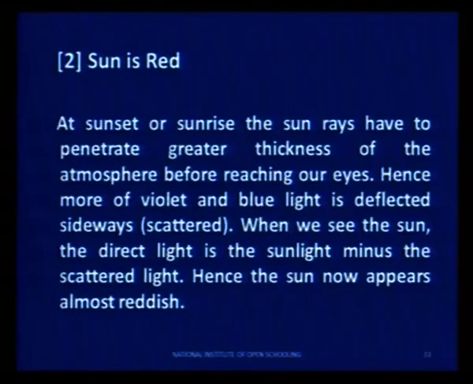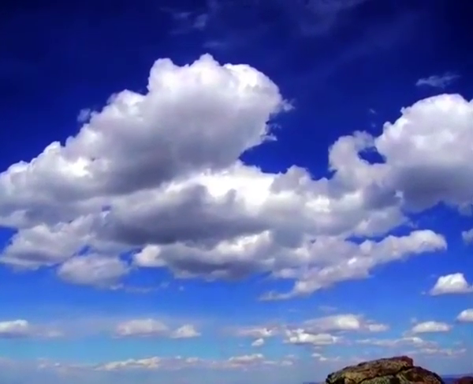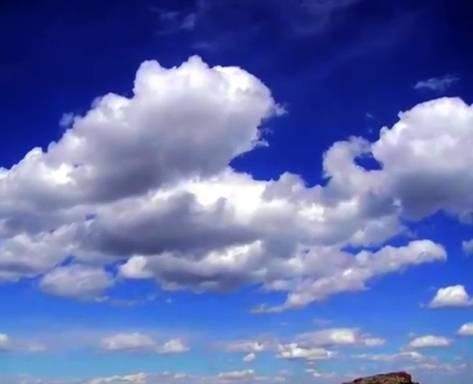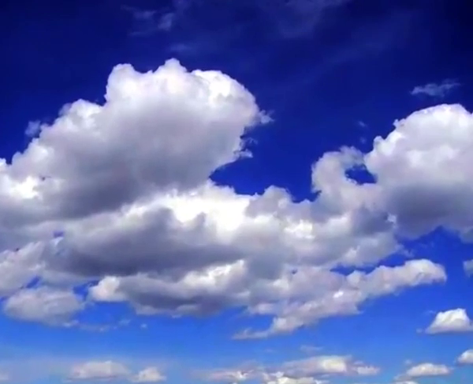What about, sir, the color of clouds? Oh, very beautiful question. Now, you can see the color of the clouds is white, but why is it white? It is very important to know, and this is the eagerness of every learner.